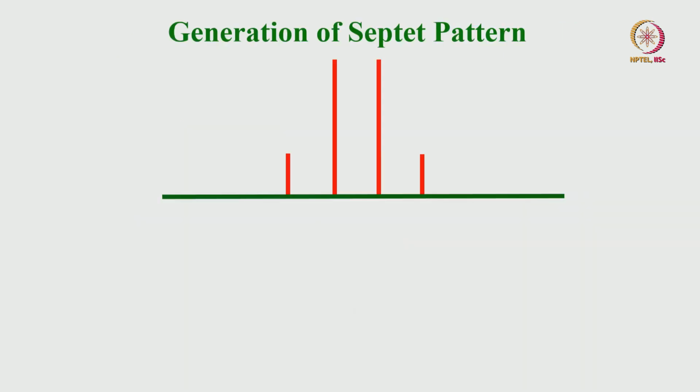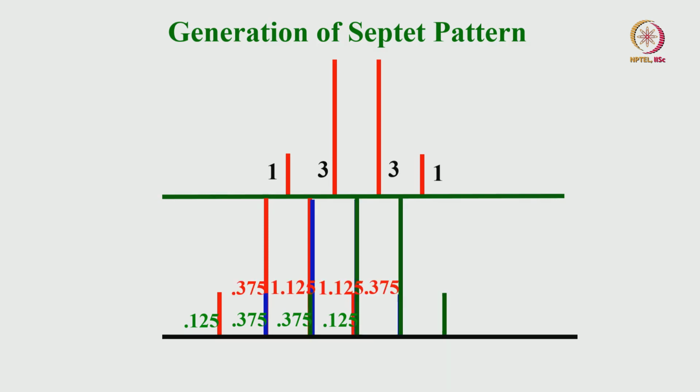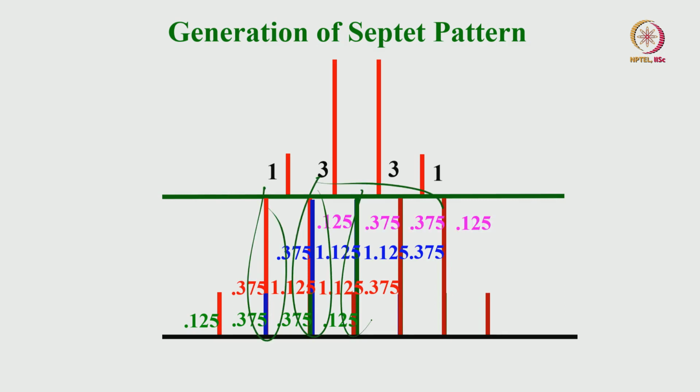And now we will see how you generate the septet pattern. We know one proton coupled to a CH3 group is going to be a quartet, intensity ratio 1331. Now it is coupled to another CH3, and each lane of the quartet becomes another quartet like this, different colors you see, but interestingly these lines here overlap, here overlap, here overlap.